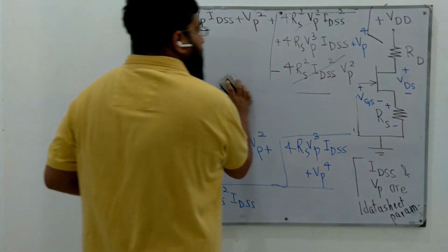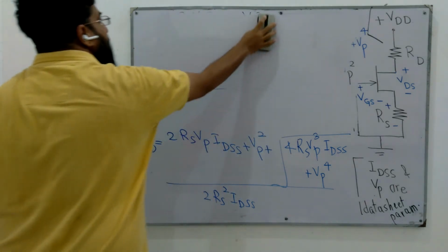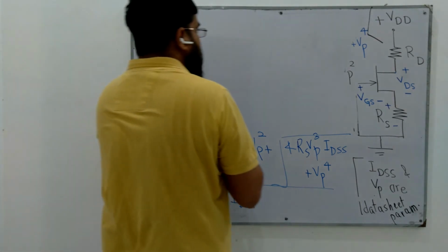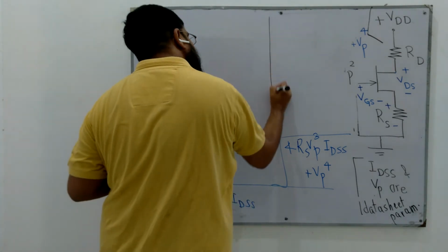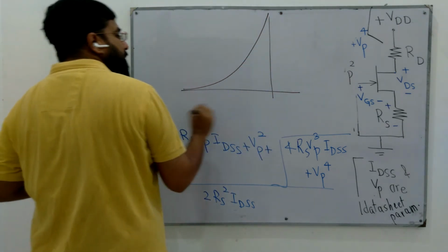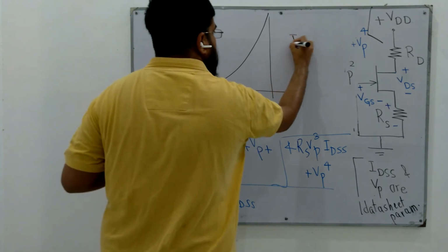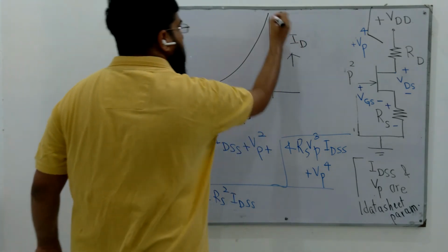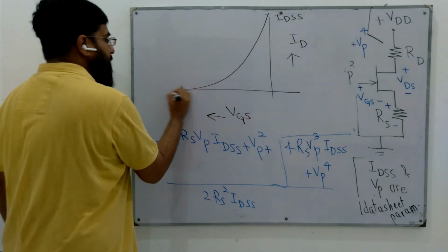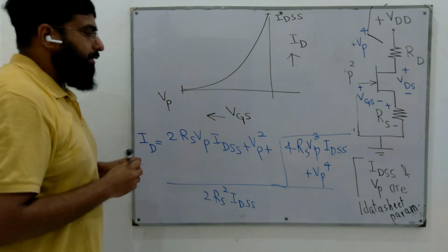Another way of finding it is the graphical method. We can find ID using the transfer characteristics. This is VGS, this is ID. This value is the max possible value of ID, we call it IDSS, and this is VGS off or VP, the most negative value.